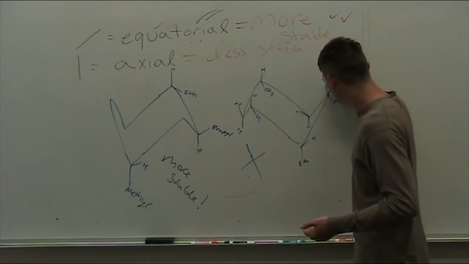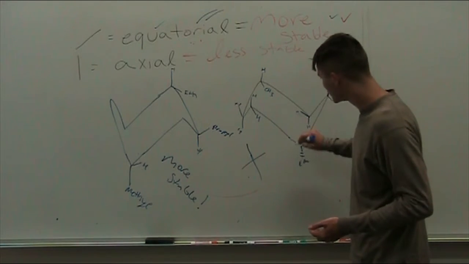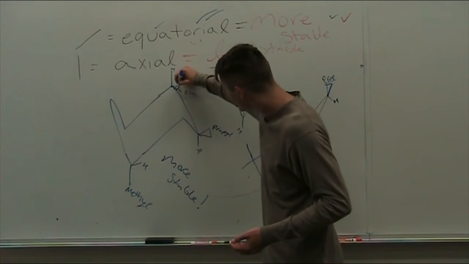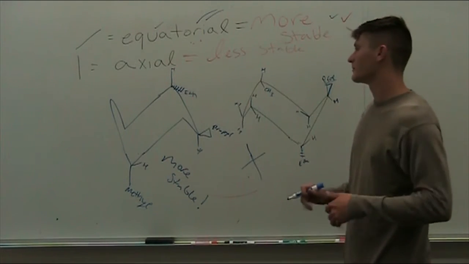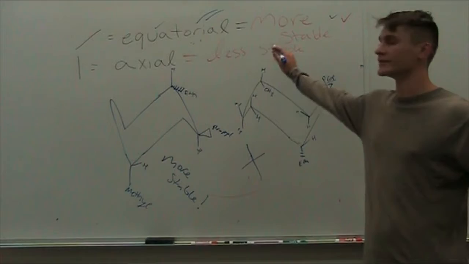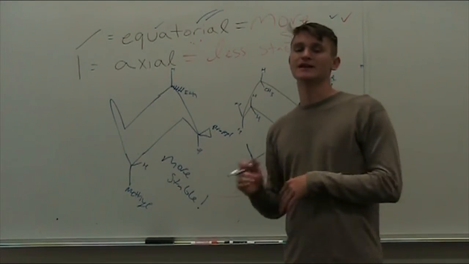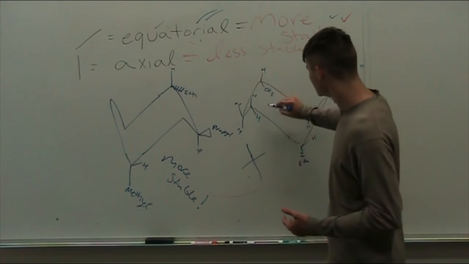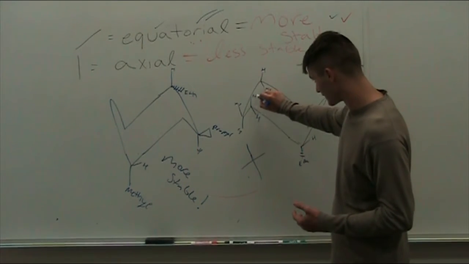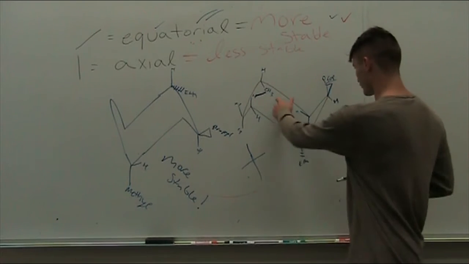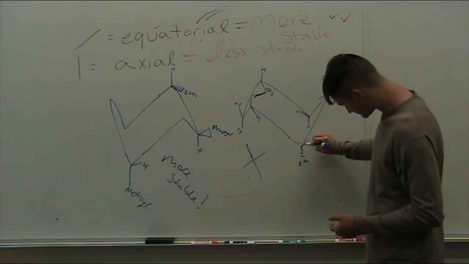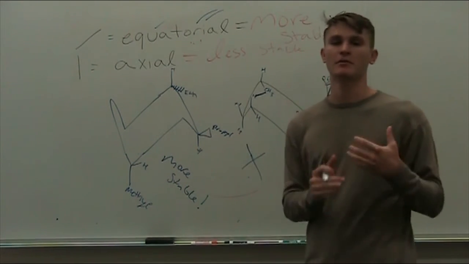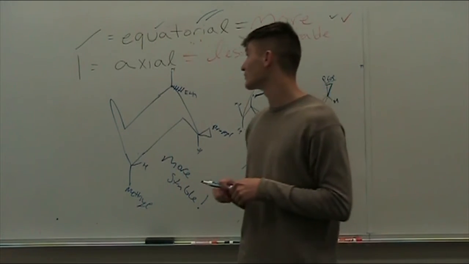So we want them on the equatorial position to spread out and to not bump into other things. We do not want another big substituent here to bump into the methyl group. Just the same. We do not want two big groups colliding into each other, because that would just make the molecule unstable, and that's not what we want.